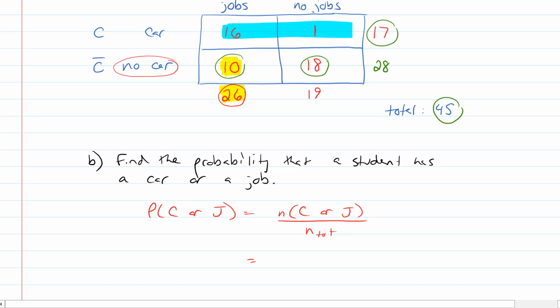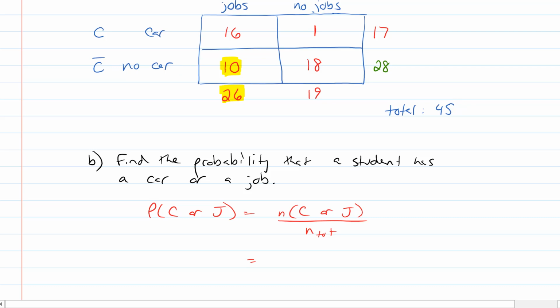And here I'm just going to do a little bit of erasing of secondary markup so it's easier to see what's going on here. So the number who have a car or a job, that's going to be the top left group, the bottom left group, and the bottom right group.